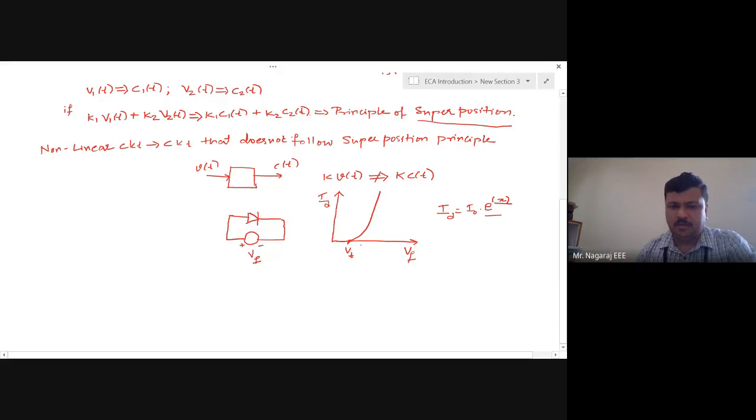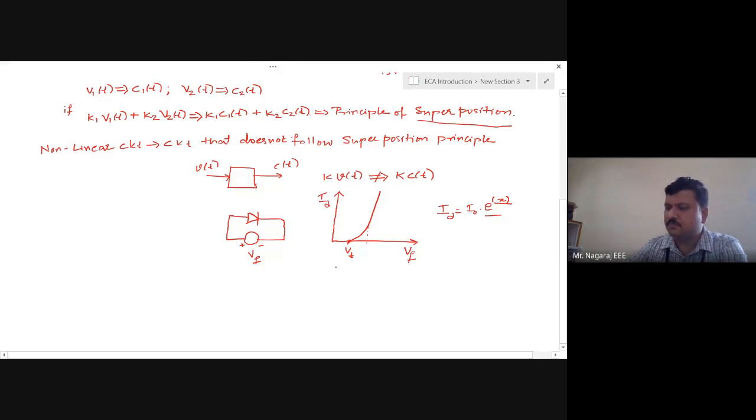And the moment the threshold voltage is crossed, a very small amount of voltage is sufficient to create a large amount of current in the diode. Hence, the current and the voltage applied are not linearly related but exponentially related. So such circuits are called nonlinear circuits. Circuits that do not follow the superposition principle are called nonlinear circuits.